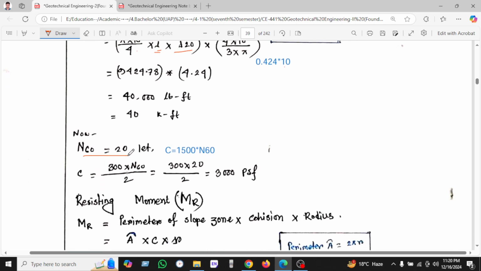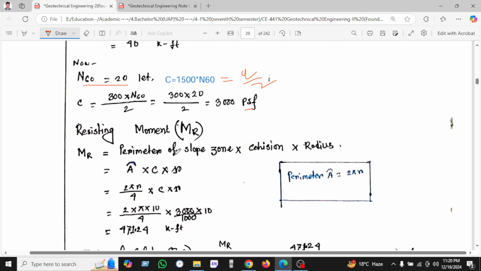N60 is given as 20, which comes from the SPT value, and we know C is Q divided by 2, and this is the formula found from various codes, which is 300 times N60 divided by 2, and C equals 300 psf. Similarly we can calculate the resisting moment, which is the perimeter of the slope times cohesion C times radius R. The perimeter of the slope equals 2 pi r, and r is 10.